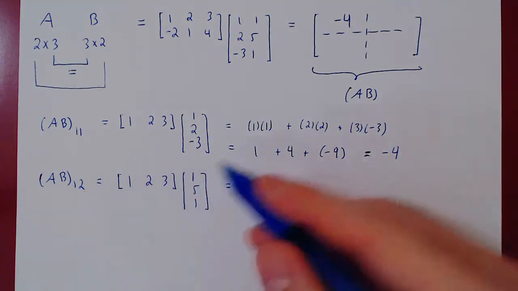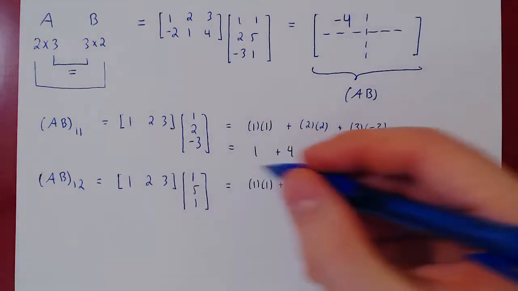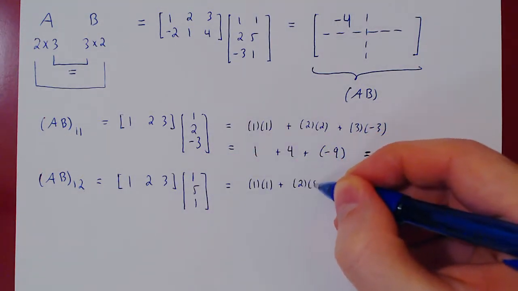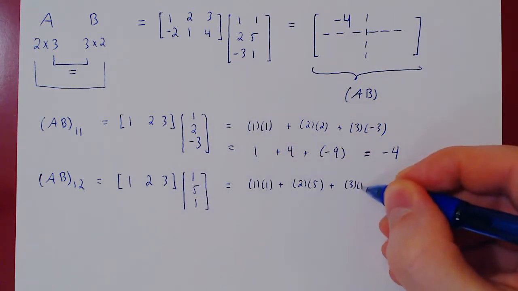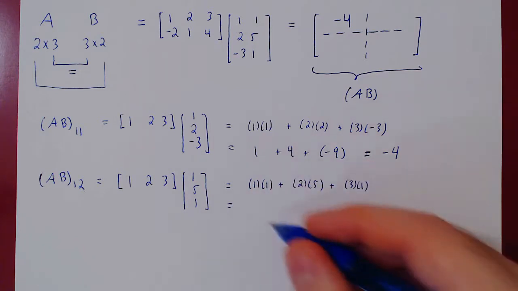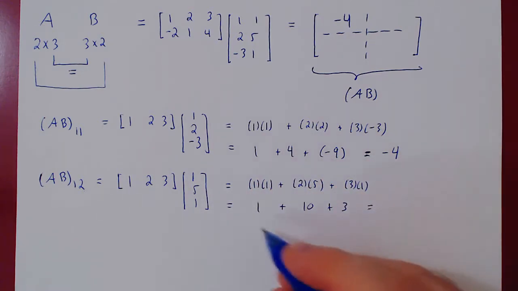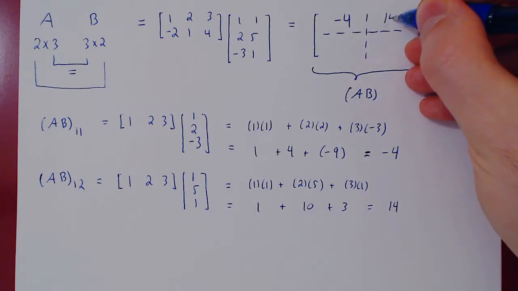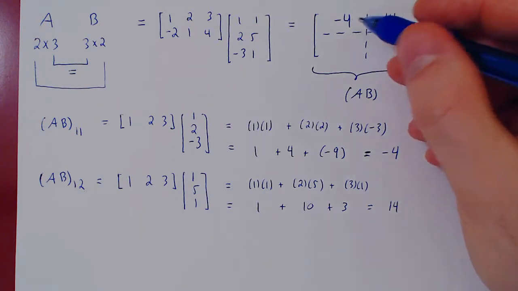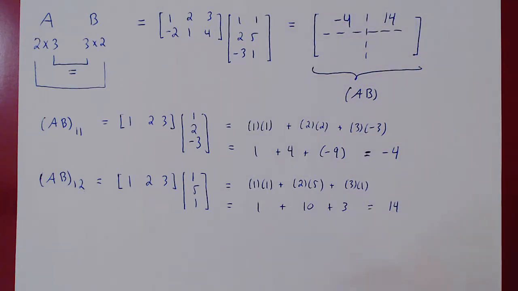So 1 times 1 plus 2 times 5 plus 3 times 1, we are left with 1 plus 10 plus 3, 11 plus 3, 14. And so we have our other entry in row 1. The entry in row 1, column 2 is 14.